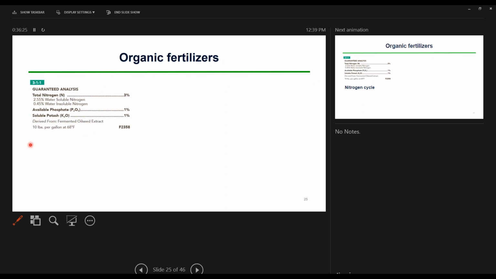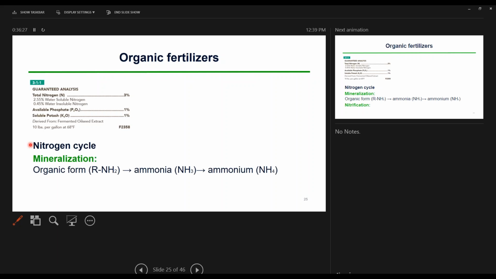So the way nitrogen works, let's think about the nitrogen cycle. It has two stages. So we have this nitrogen that's bound to an organic molecule. Microorganisms are going to start breaking that organic molecule. And the first step is ammonia. The second step is going to form some ammonium. So we talk about that ammonium being acidic, right?